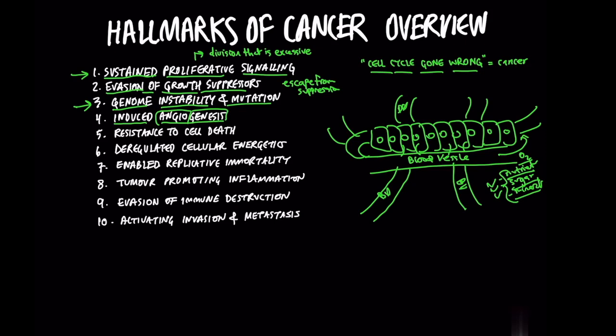So what happens is these cells are able to grow. Each of these will be able to do that. Of course, they will have to have all these other hallmarks to finally become cancerous overall.